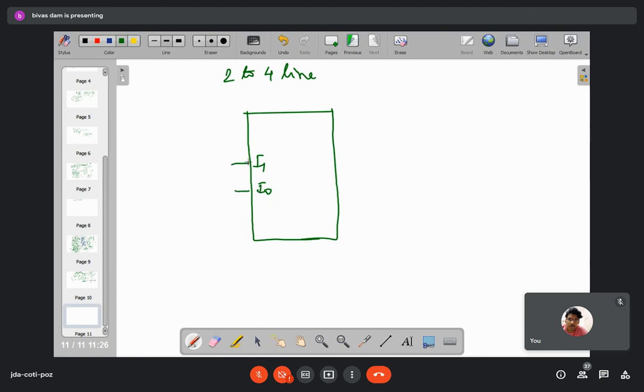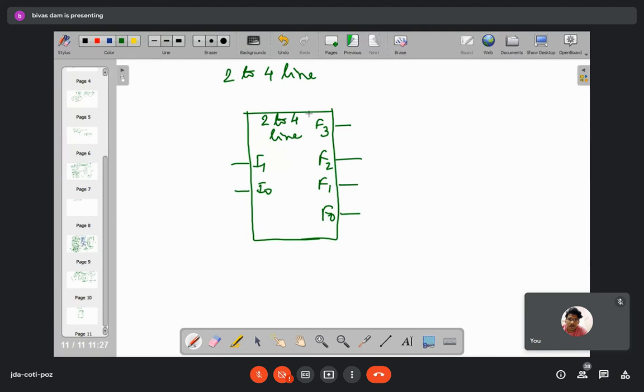And there should be 4 output lines, so they should be termed as F3 and so on. How many inputs and how many outputs are there, by the way? 2 inputs and 4 outputs.